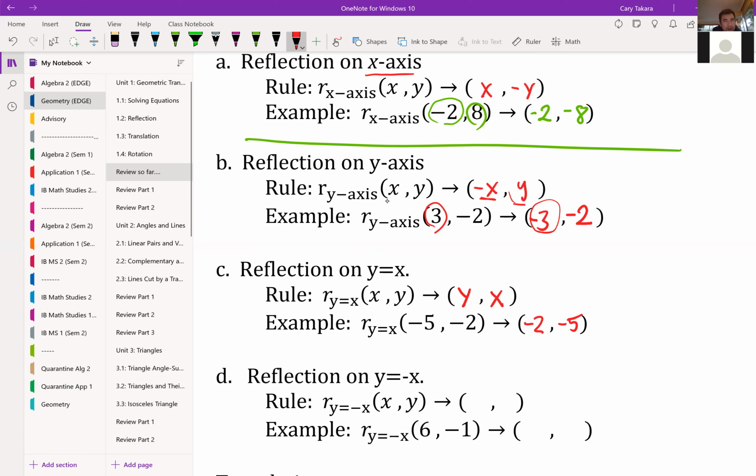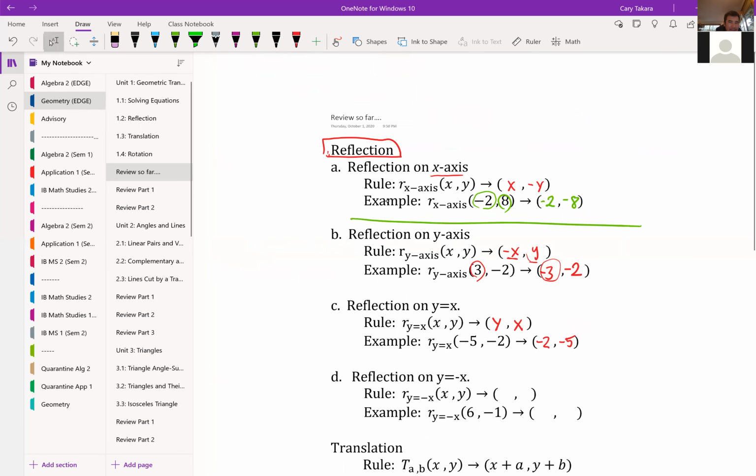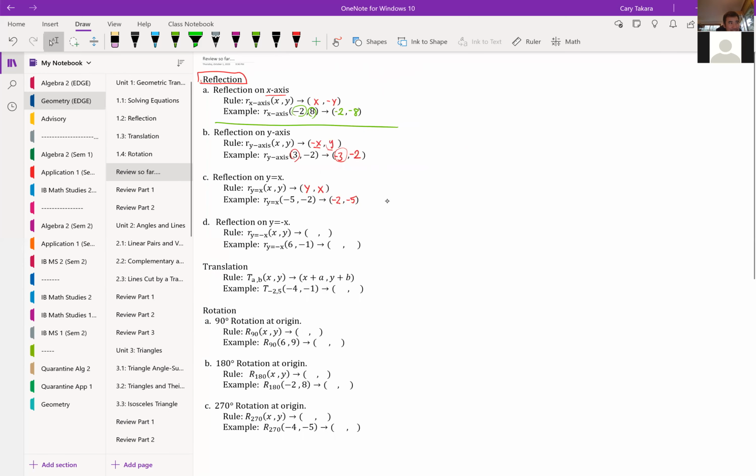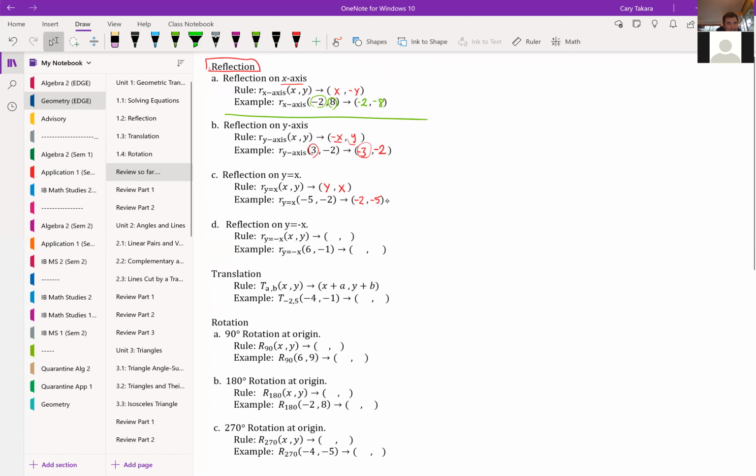Now, since there are lots of rules and even Mr. Takara doesn't remember everything, you can kind of figure it out by yourself. But when you take a test, if you have everything like this in your notes, it's really easy to retrieve the information, isn't it? That's why we're doing this right now.